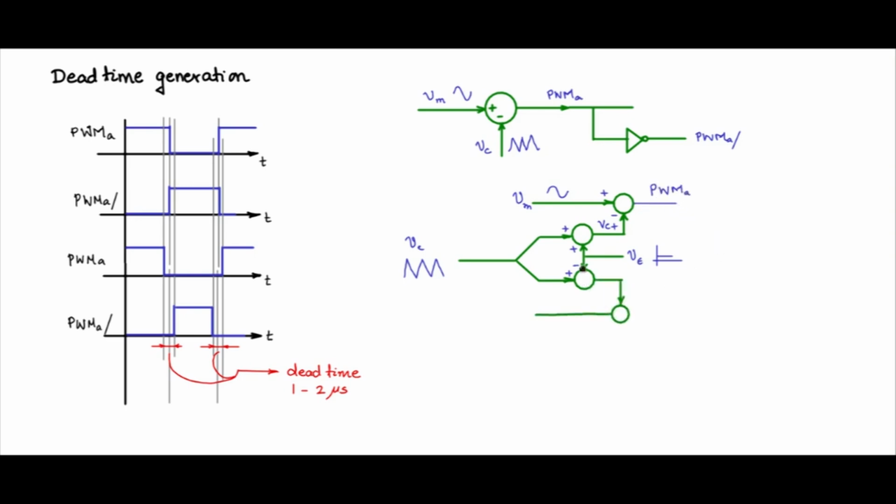And in another case, you have V epsilon subtracted from the carrier, which means it is brought down a bit, level translated towards the negative side, and that is called VC minus, and that is added with a plus sign, and VM is subtracted, and you will get the PWMA bar. So this is the scheme that we will use for generating PWMA and PWMA bar, and for the other phase, PWMB and PWMB bar, similar such thing.